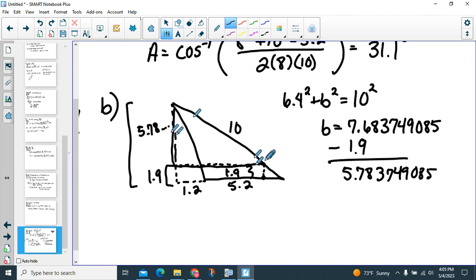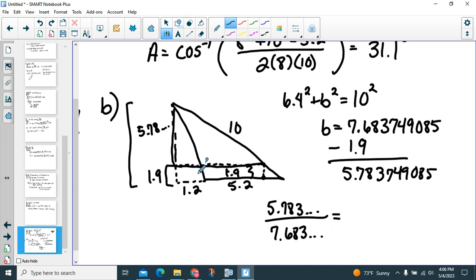So this side of the small triangle compared to this side of the big triangle has to be the same as this side of the small triangle is to this side of the big triangle. So we're going to set up a proportion: 5.783 over this whole big piece, which we know is this up here, 7.683.